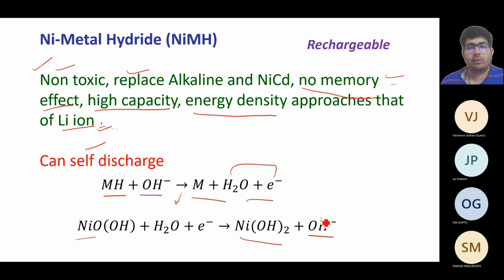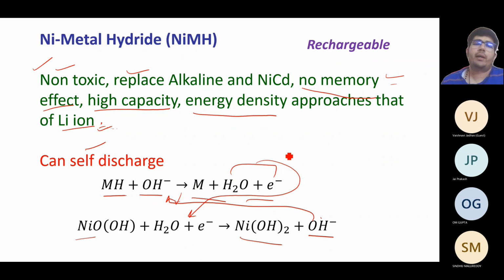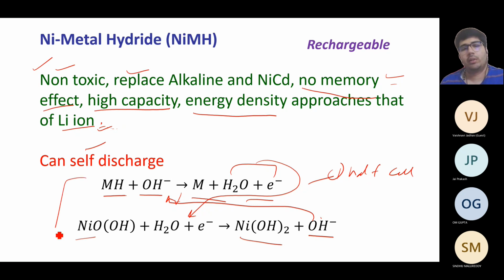Again OH- travels towards the metal hydride and this reaction happens. If we consider only one reaction, that is a half cell reaction; if we consider both, then these are full cell reactions.